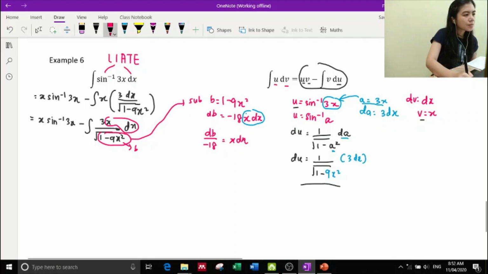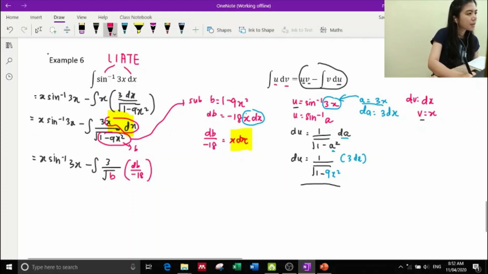Now we can do the substitution for the next line. For the first item, we just write it back. So we have x sine inverse 3x, and then minus, we still have the 3 here, over b, and x dx is db over minus 18.